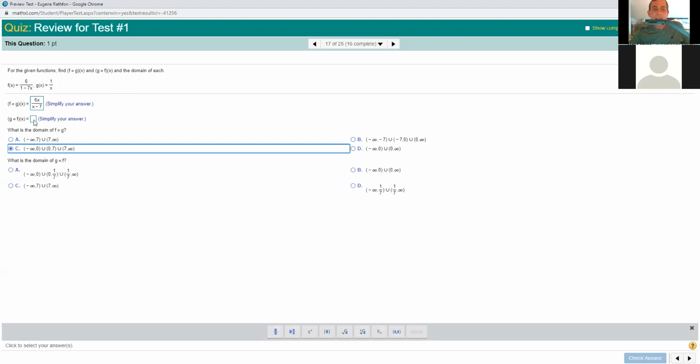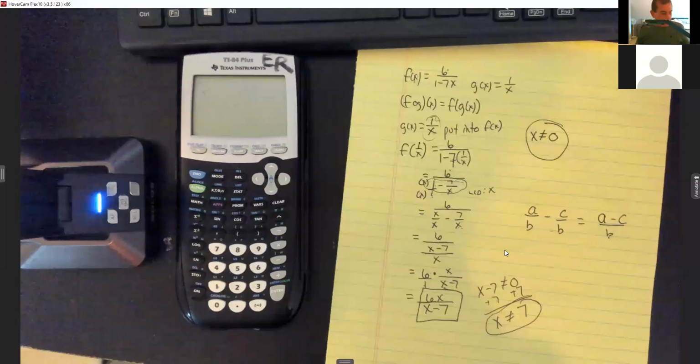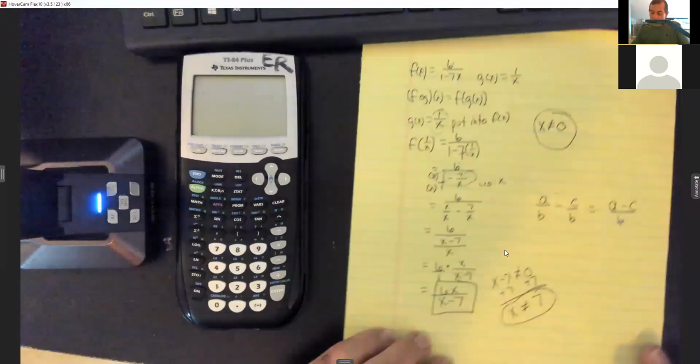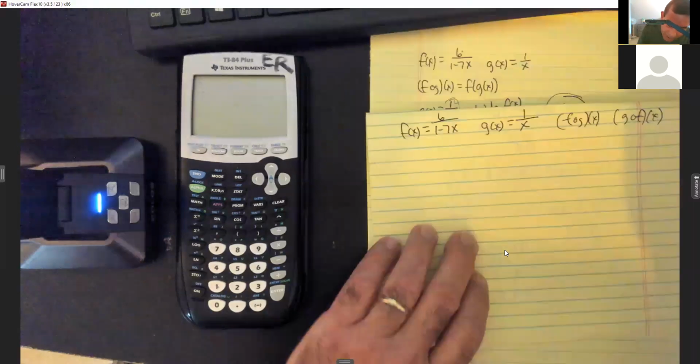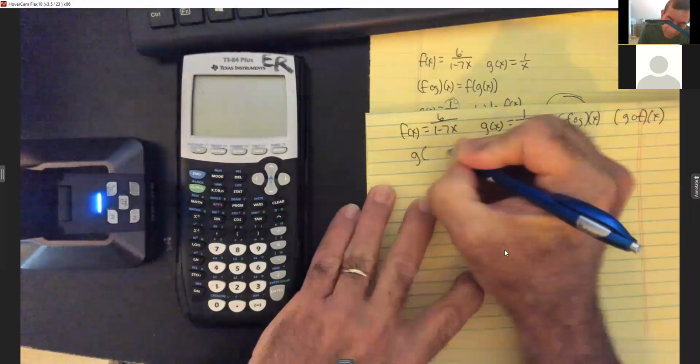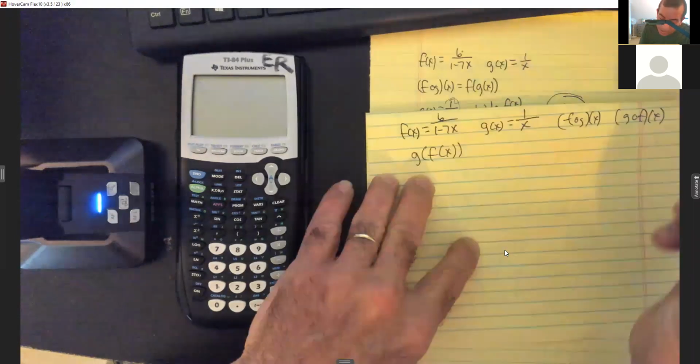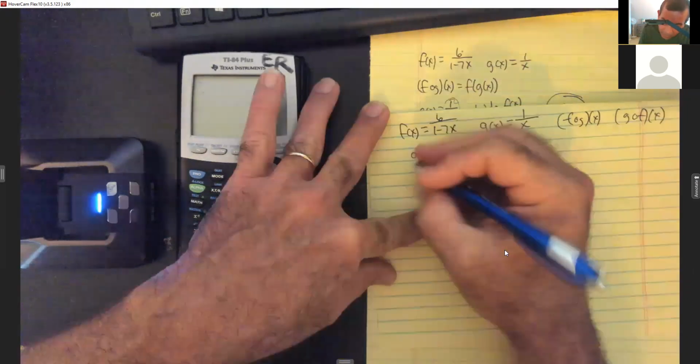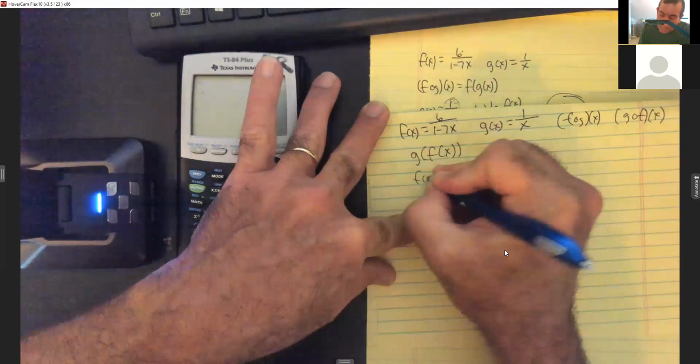All right, so now I got to figure out my g of f. So let me go back and we'll work on the g of f. All right, so let me put this right here. So g of f of x is like g of f of x. So first you would do the f of x. Well, that was 6 over 1 minus 7x.